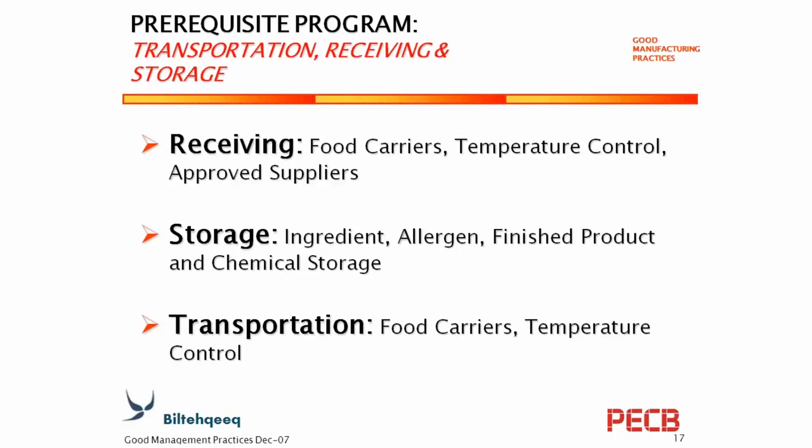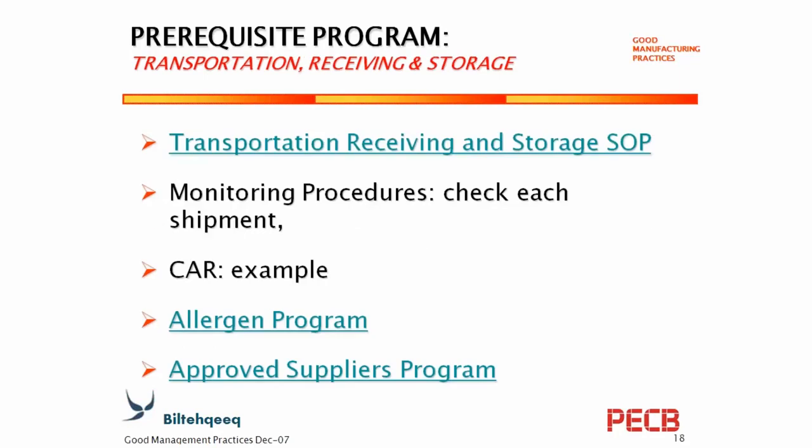And transportation is also important, because most of the time you have to ship your food items to other destinations, and during this transportation, if the food carriers are not taking care of handling and temperature control, then it can destroy your food quality.